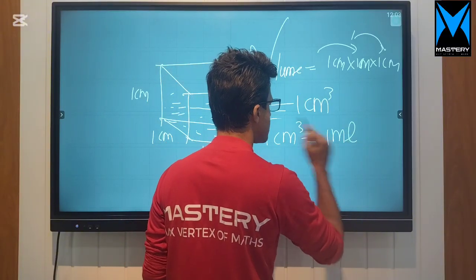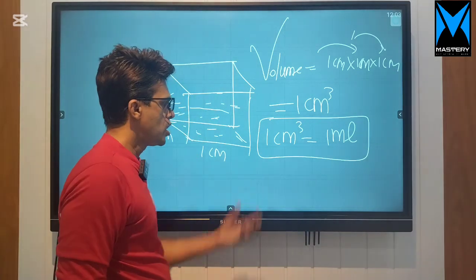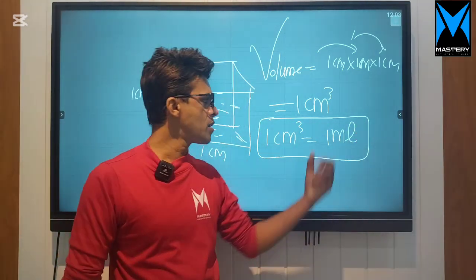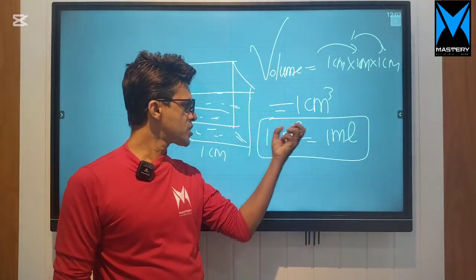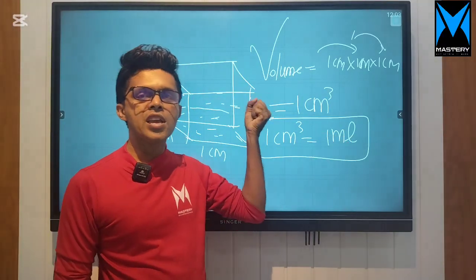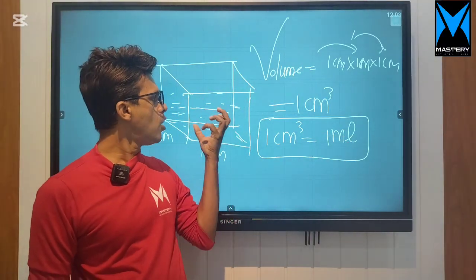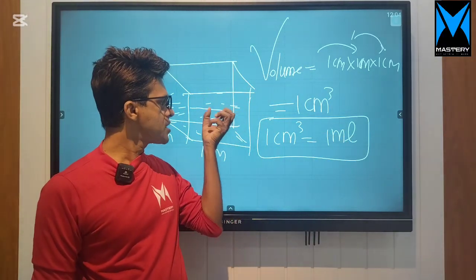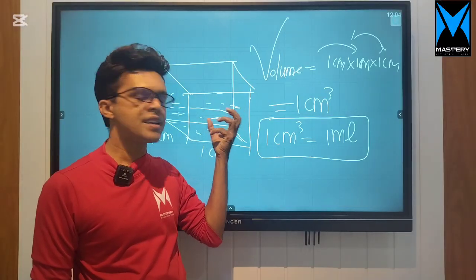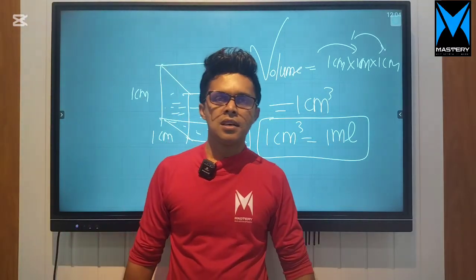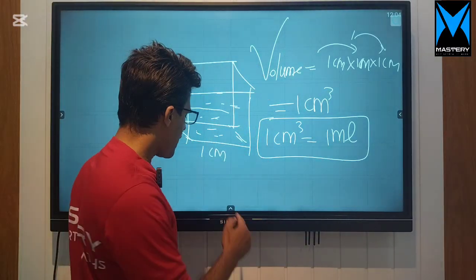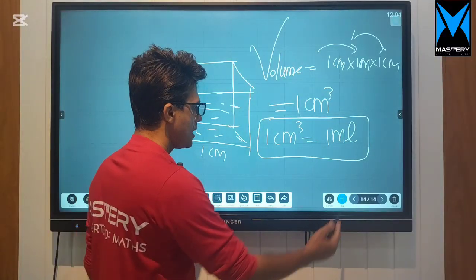So 1 cubic centimeter equals 1 milliliter. The capacity of water found in this container is 1 milliliter. That's the idea.